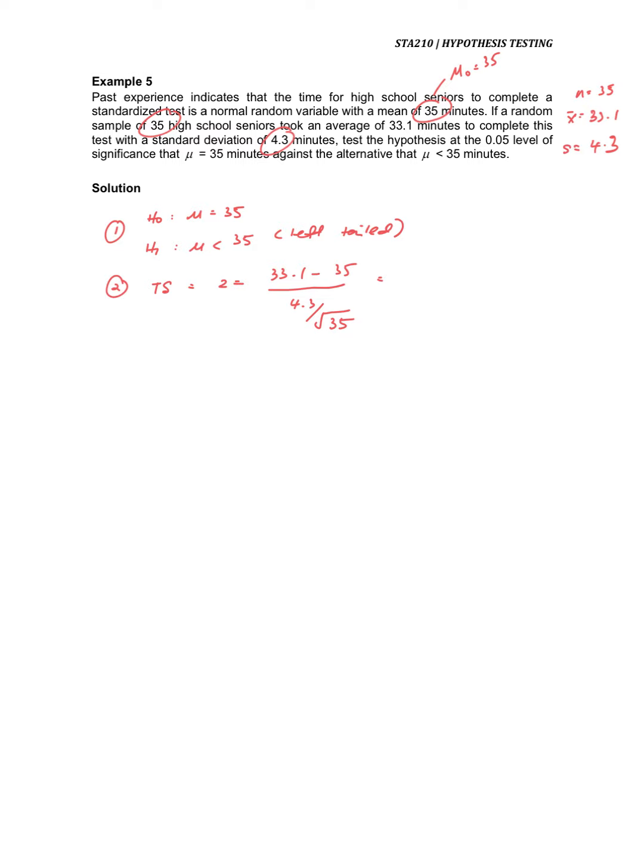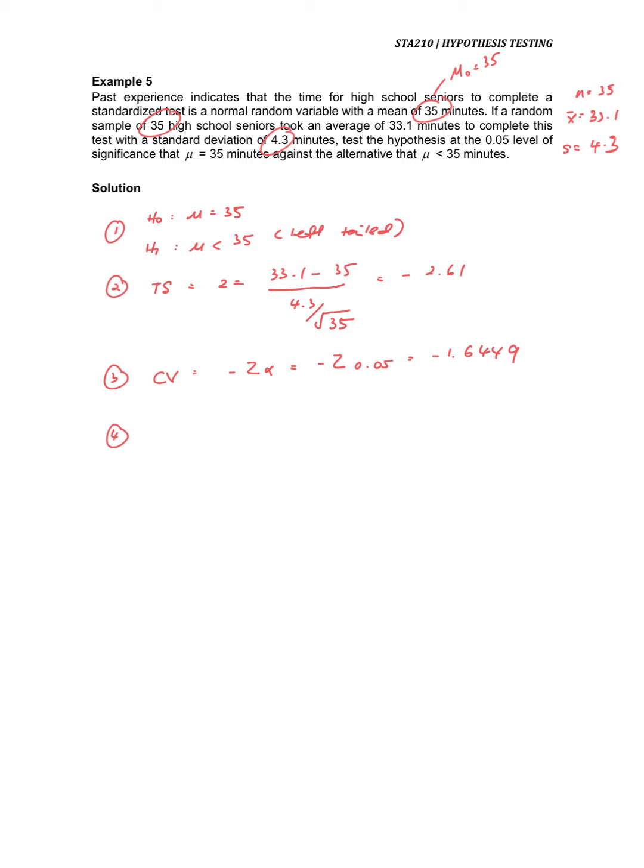The answer is negative 2.61. Step number 3, calculate your critical value. Our critical value is negative Z alpha. Our alpha here is 0.05, so Z 0.05 is negative 1.6449.